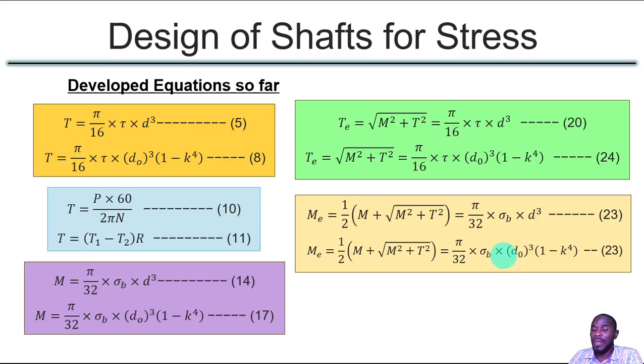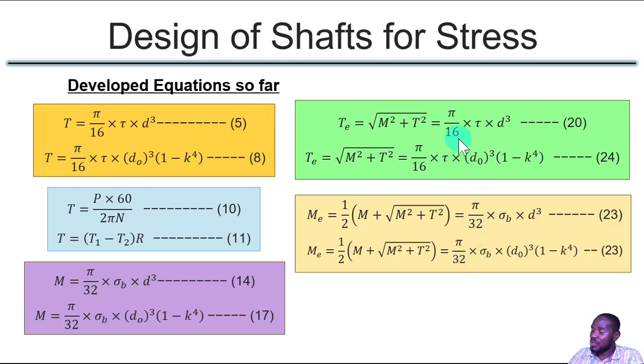Now, in my last video, which was the last class we had on Zoom, we took one example that demonstrated this. The practice is when you have a case of combined bending moments and torsional moments acting in a shaft, we apply both theories.